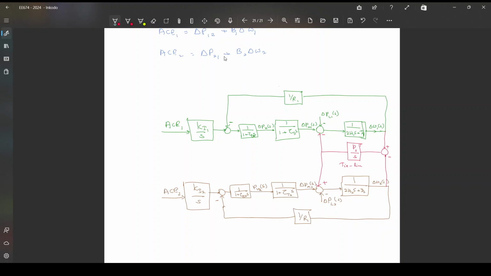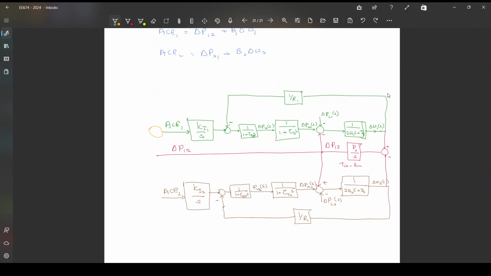So you need delta P12 and delta P21. Here what you have is delta P12, and then here you have the delta omega 1.